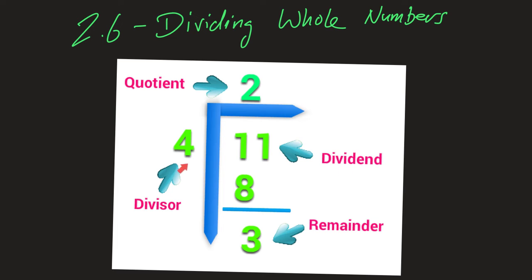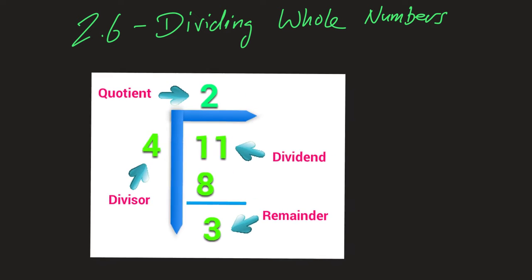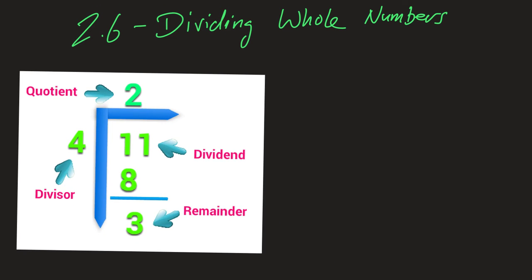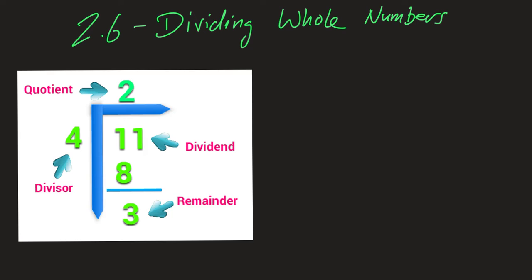And then the number outside is called the divisor. The answer to a division problem is called the quotient. And if we're dealing with remainders, which sometimes we will, sometimes we won't, any numbers that are left over, we can call a remainder. Though we won't have remainders when we're dividing and coming up with fractions, when we're getting decimals in our answer.